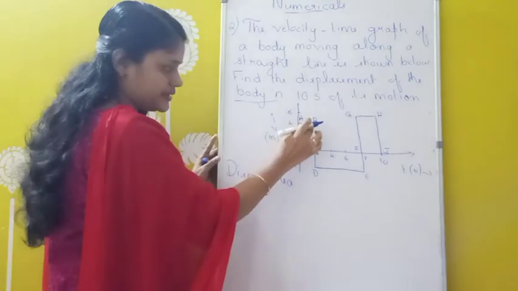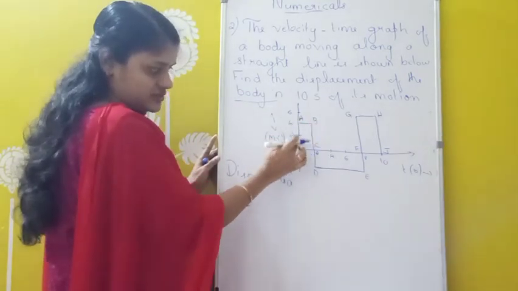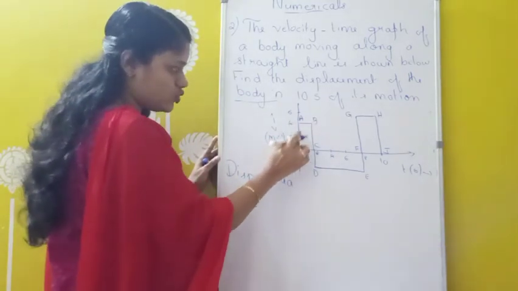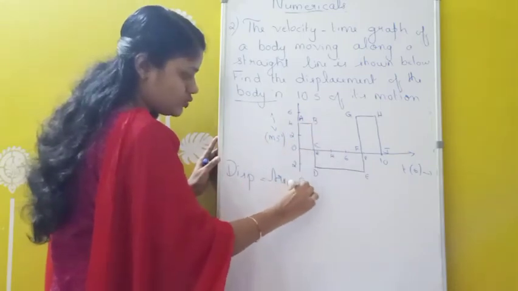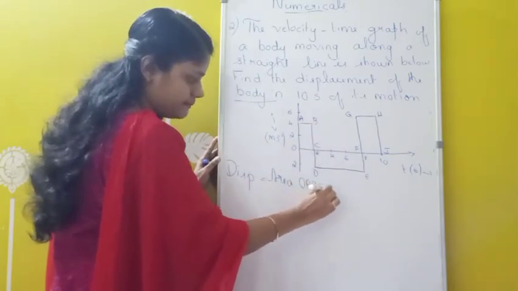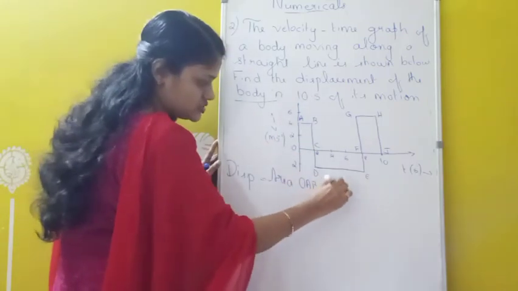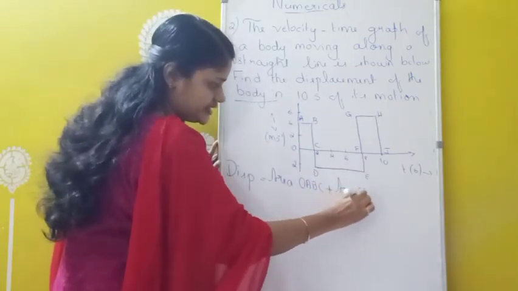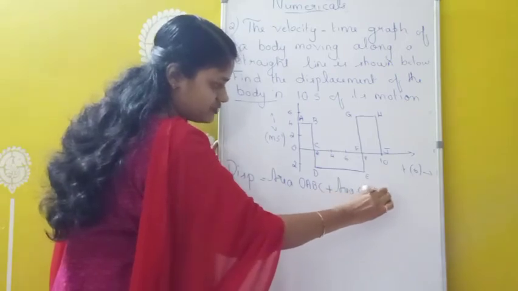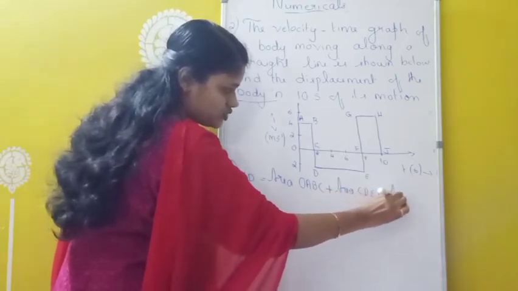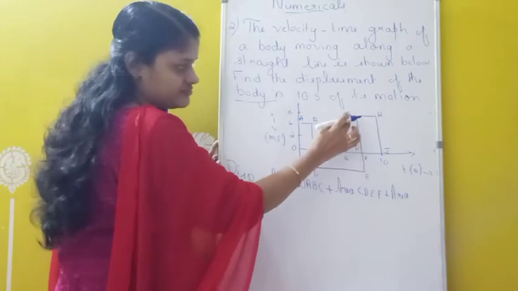Here we can write area OABC. Here we have a rectangle. So area OABC plus area CDEF, plus one more area, area FGHI.